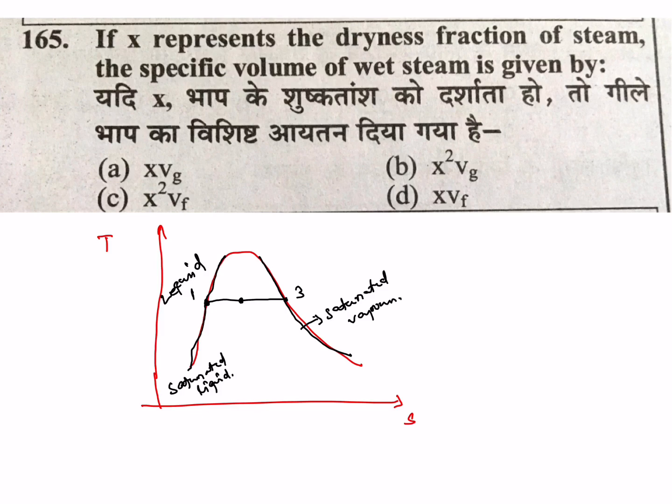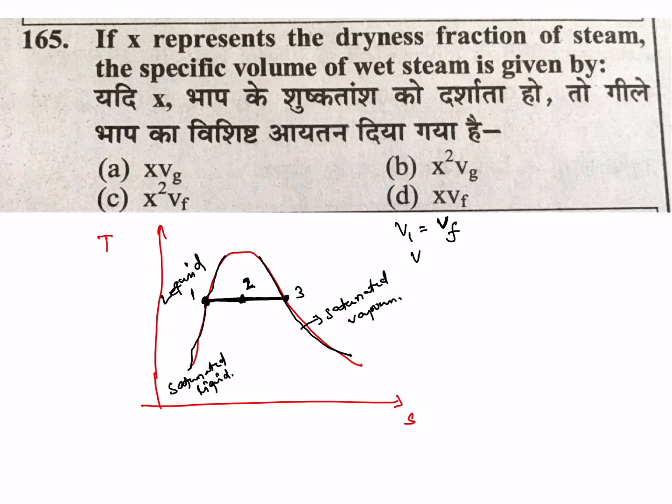You have to calculate one wet steam. Wet steam means anywhere between 1 and 3. Let it be 2. Wet steam, 1 is your saturated liquid, or saturated fluid. That value of V1 is Vf.